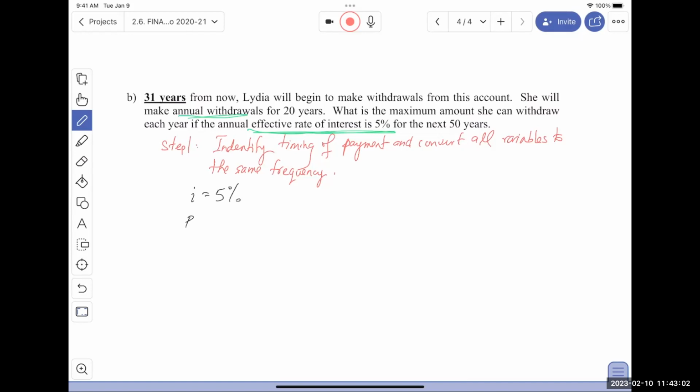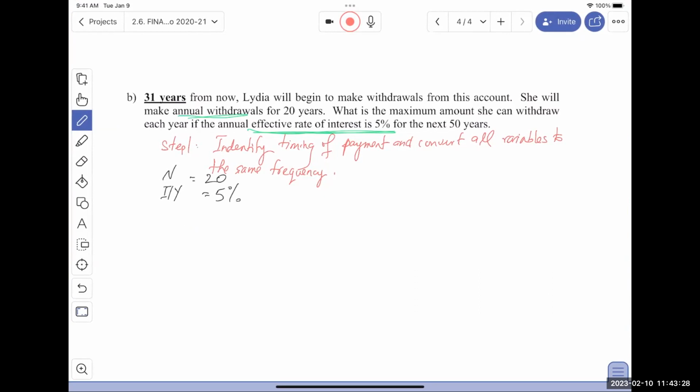The payment, sorry, let me put in. We're going to use an I/Y of 5%. We're going to use a number of years of, well, it's going to be 20 years of withdrawals.